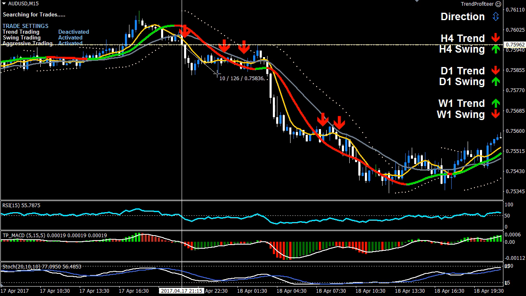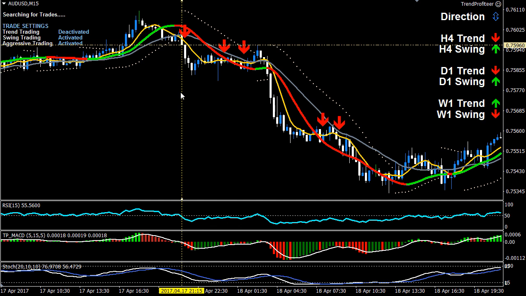We would have achieved our first target here, 10 pips, giving us a 1-to-1 reward to risk ratio. 20 pips here, a 2-to-1 ratio. 30 pips here, 40 pips here, a 4-to-1 ratio. 50 pips here, and all the way down to 60 pips just here, giving us a 6-to-1 reward to risk ratio. So we risked 10 pips, and we gained as much as 60 pips.